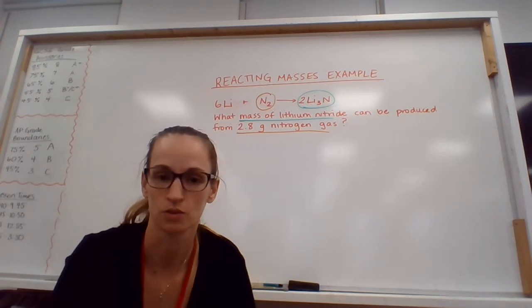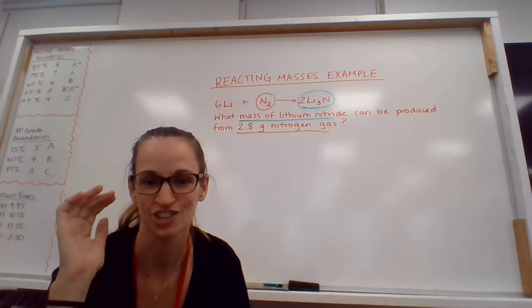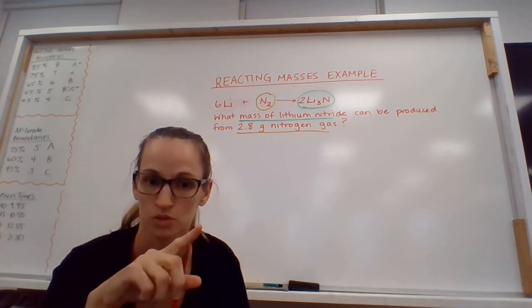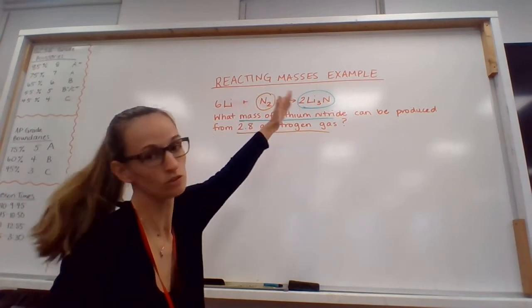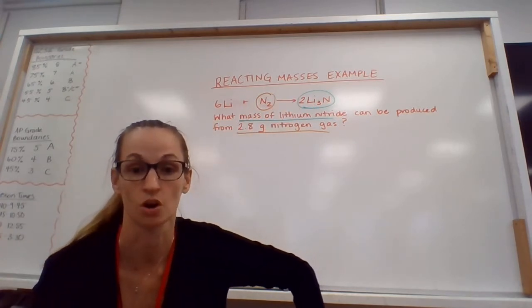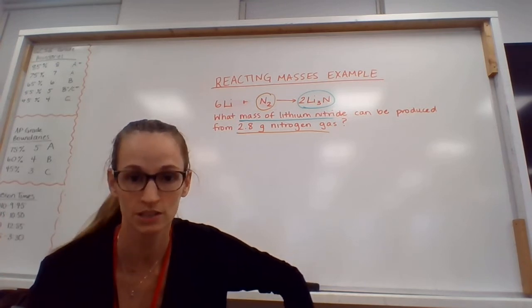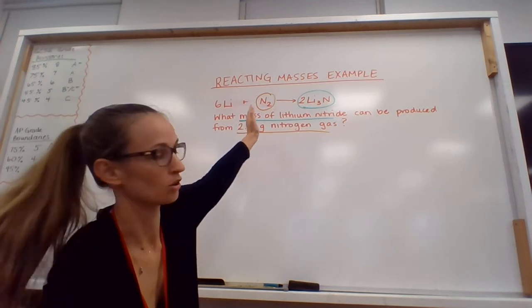Once you've identified those, you can work through your three-step method. The first step is to change the known to moles. We can't go between nitrogen and lithium nitride using grams. When you get a balanced chemical equation, those coefficients are moles. So the only way to change from one known to another unknown is to go to moles.